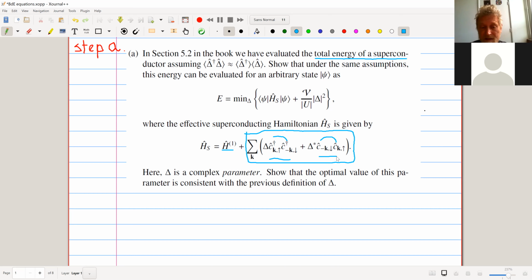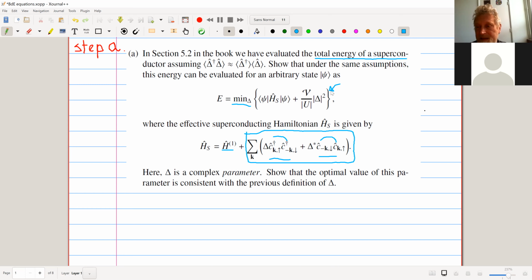So the question is how do we get it? That's basically the answer given. And we will take delta as a parameter.